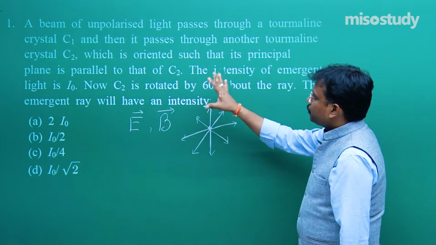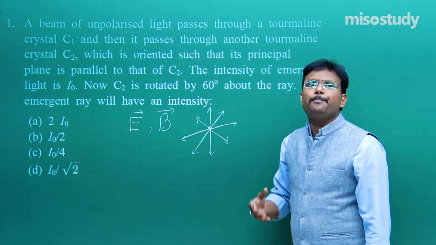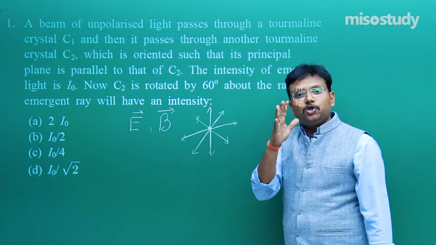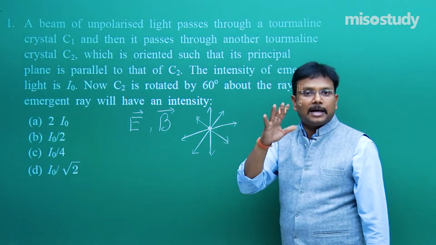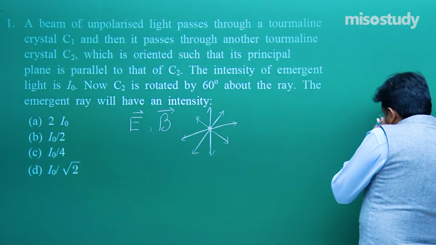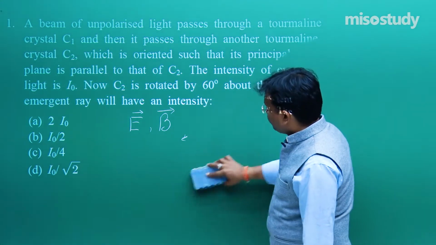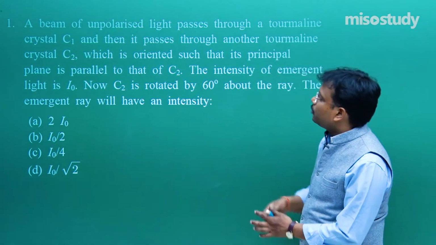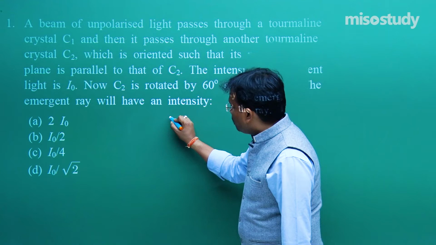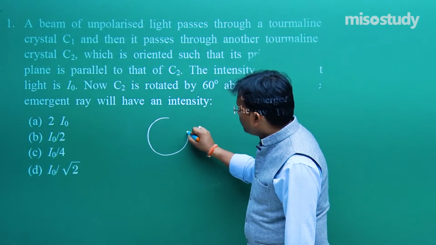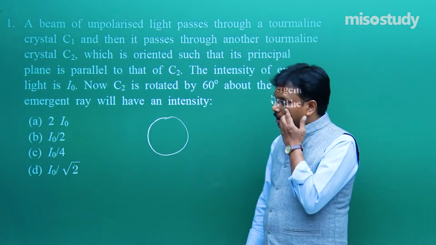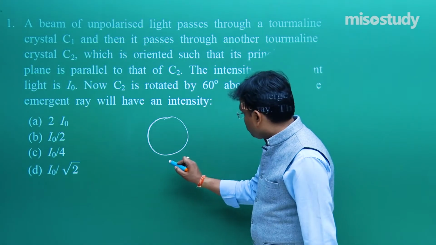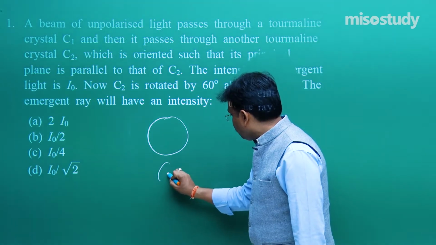Now, you have two tourmaline crystals, or you can say polarizers. What exactly is the role they are going to play? First we will try to understand that. So let me erase this and show you the role played by these tourmaline crystals. Let us say this is one tourmaline crystal or filter, that is C1.